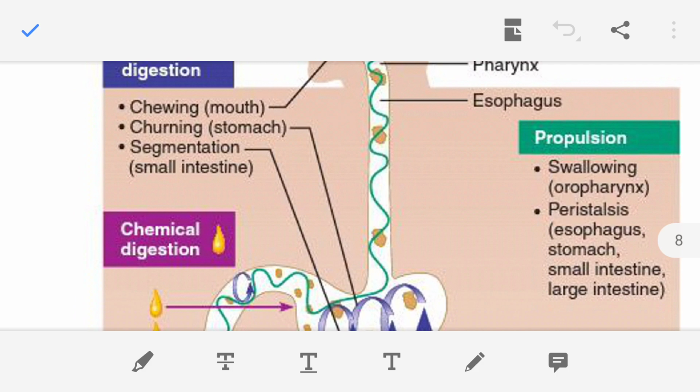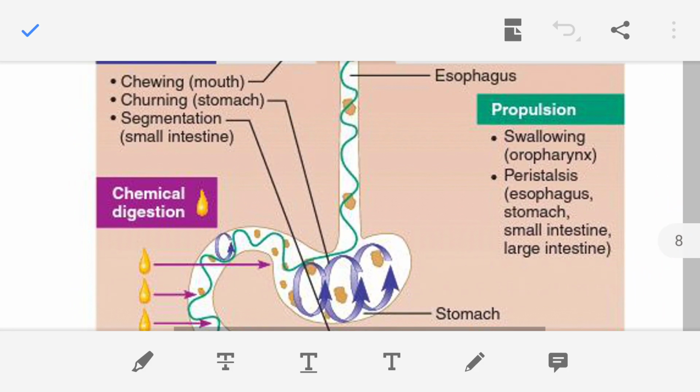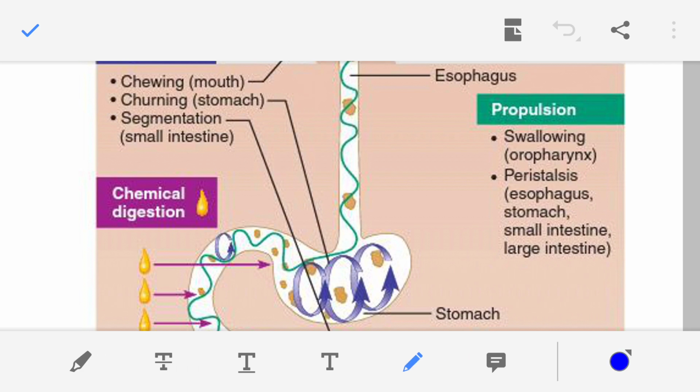Now from the esophagus, the food is entering into the stomach. Once the food enters the stomach, the food is churned. What is churning? The wall of the stomach contracts and relaxes, and at the same time it secretes the gastric juice from the gastric glands.